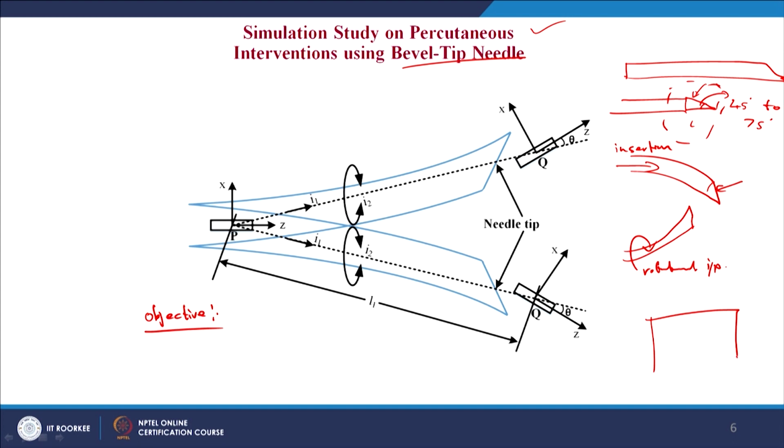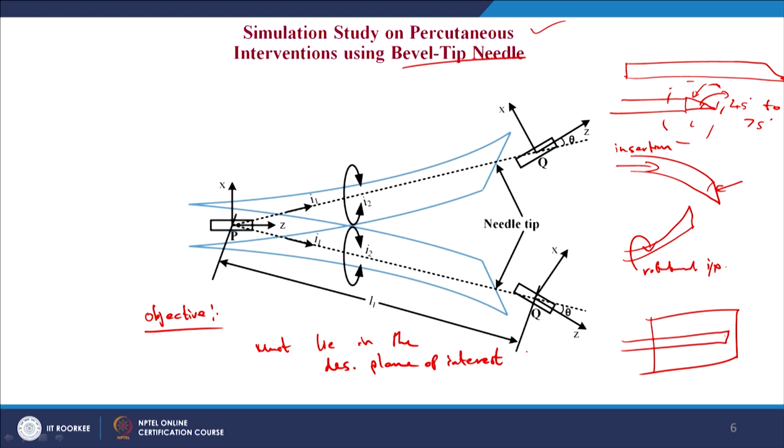Once the needle is inserted in the tissue region, the needle must be lying in the desired plane of interest. It must not be diverted away from the plane of interest. So, that is the objective: the needle must lie in the desired plane of interest while maneuvering inside the tissue region.